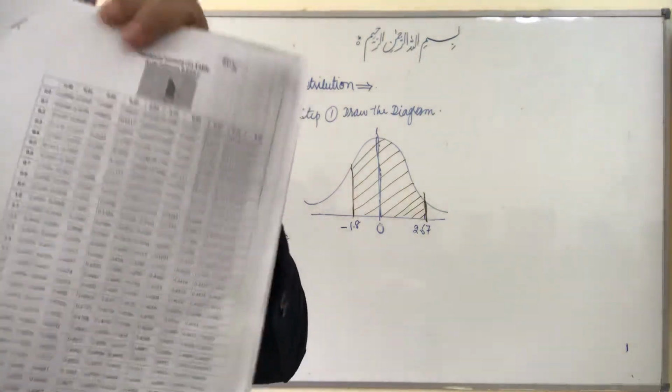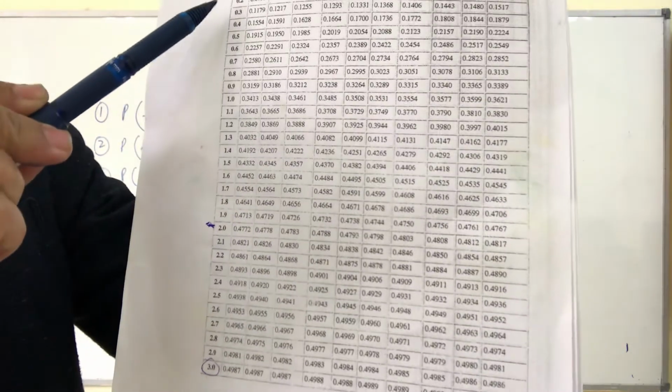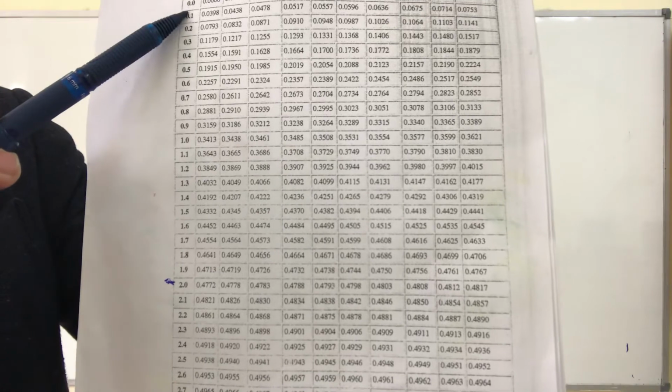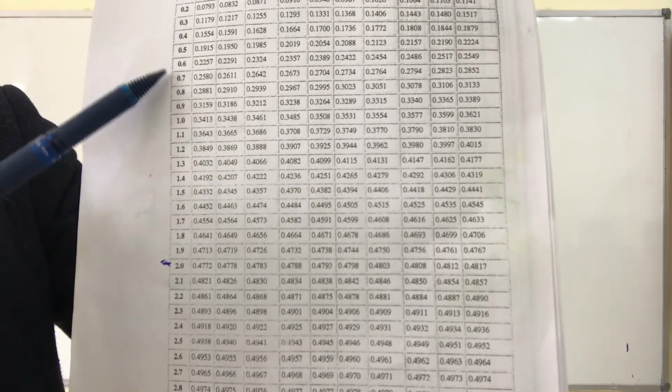This is the Z table. Now see, in the row which starts from 0.01, we will go down.